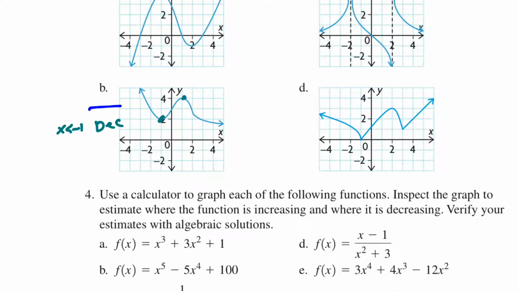For x between negative 1 and 1, it is increasing. And if x is more than 1, the function is decreasing. At negative 1 and 1, the tangent line is horizontal.